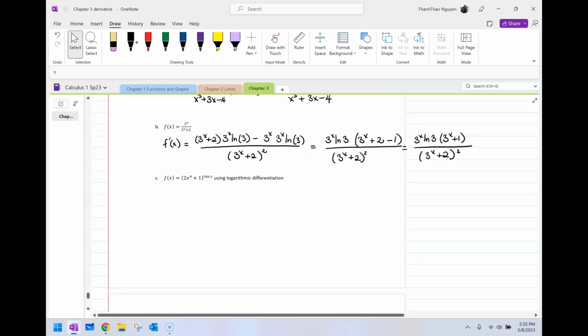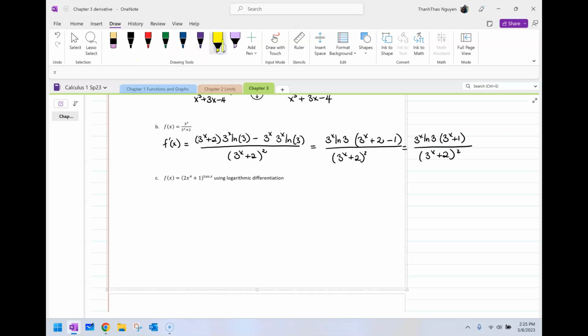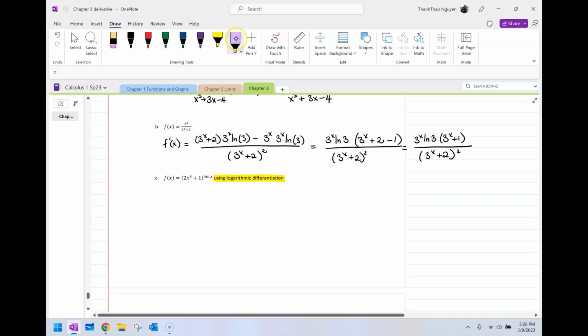If f of x equals 2x to the fourth plus 1, raised to tangent of x, and we want to find this derivative, we want to use logarithmic differentiation. Note that in the exponent of the function, I have a function itself, tangent of x.